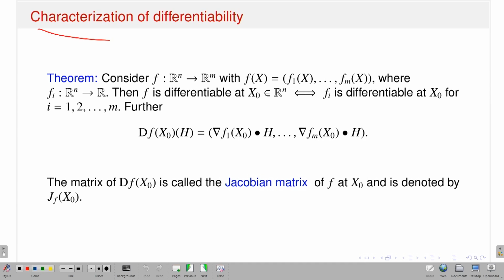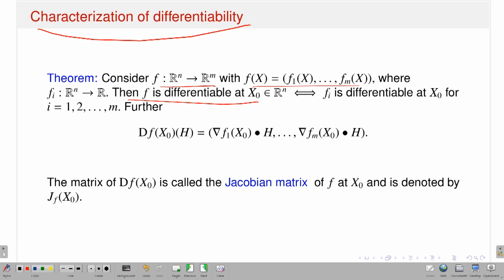This is the characterization of differentiability. It says: consider a function f from Rn to Rm. As I said, you can always write f as component functions f1, f2, up to fm, where each fi is a function from Rn to R. Now look, f is differentiable at x naught.